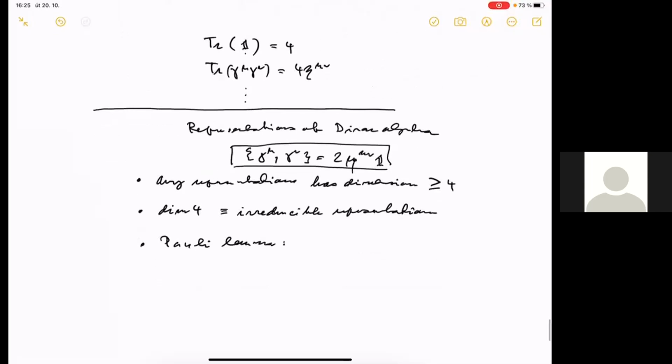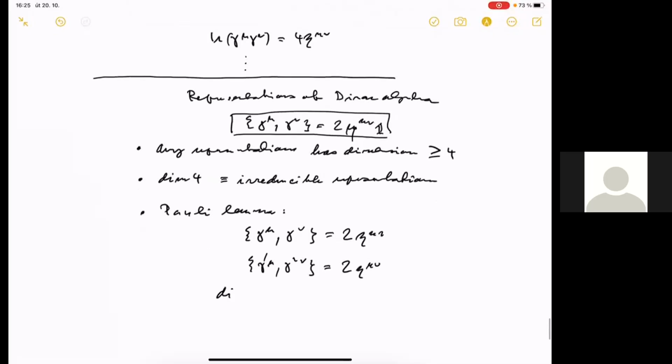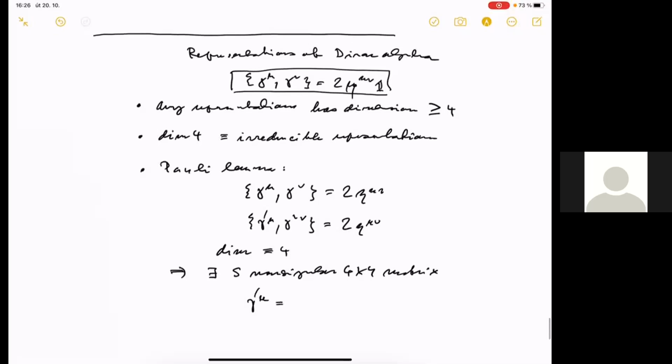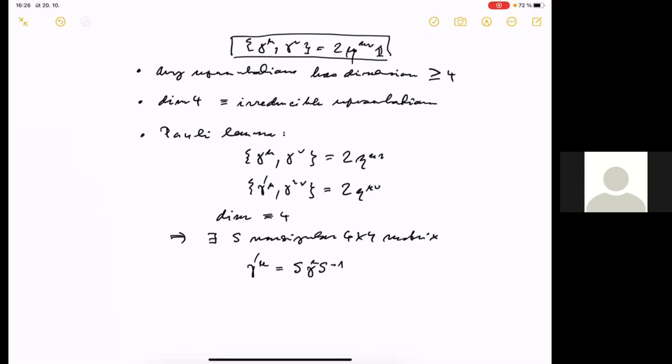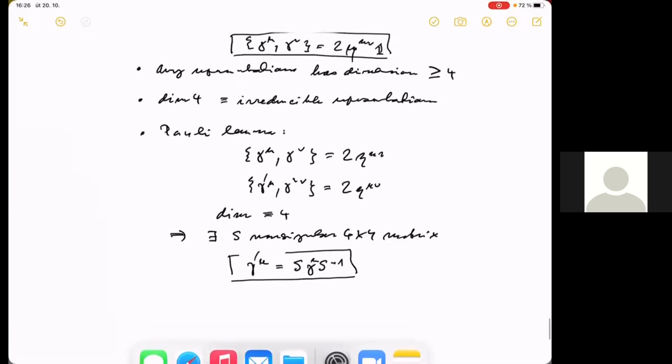This Pauli lemma tells us that if we have two 4-dimensional representations of this Dirac algebra, and some primed gamma mu's which obey the same algebra, then there exists a non-singular matrix S such that the primed gammas are just given by a similarity transformation of the unprimed with this matrix S. So in fact, if we found one such 4-dimensional representation, our representation, which is often called the chiral representation, then any other representation can be obtained simply by taking some non-singular matrix S and calculating such a relation.